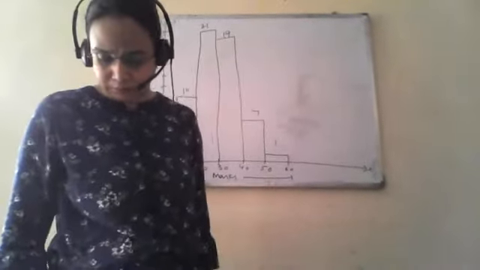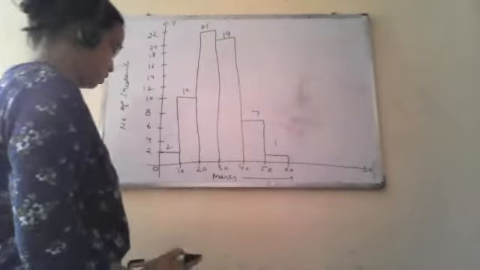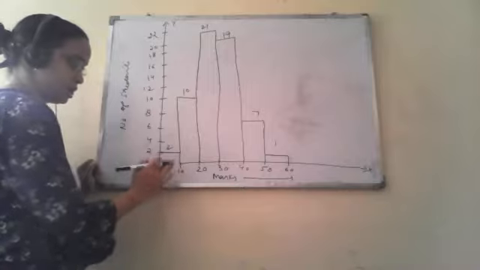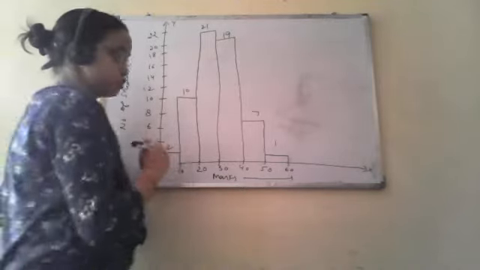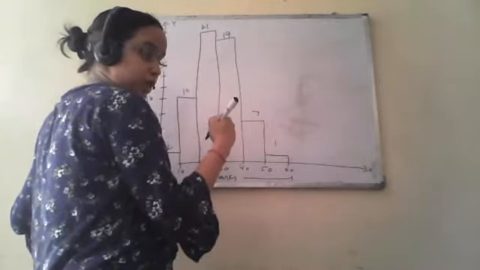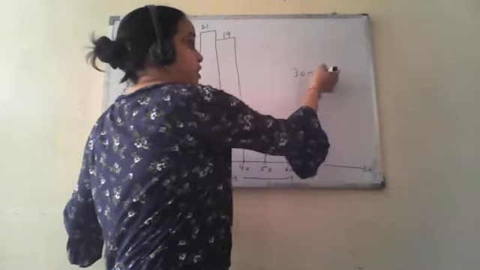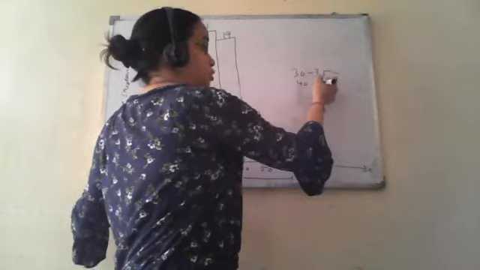In case the numbers are not starting from zero, for example in the weight of students, in the previous example I took intervals like 30 to 35 or 40 to 45.